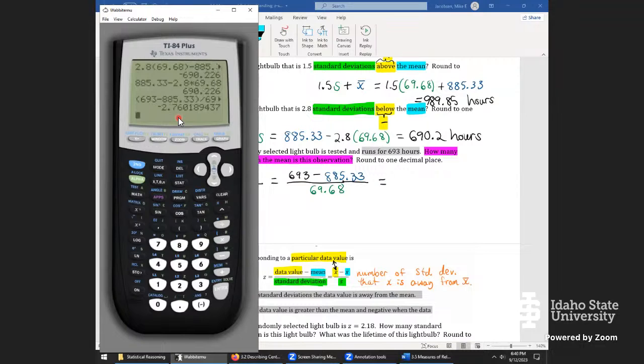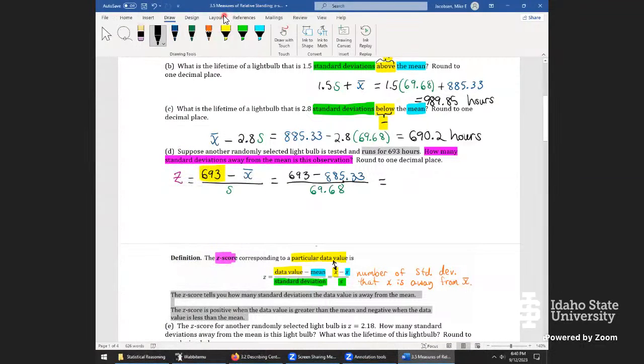And here we get a negative, but it ought to be. The data value 693 is smaller than 885, so we should have it that's to the left of the mean, expecting a negative sign. So to one decimal place, we have negative 2.8 standard deviations.